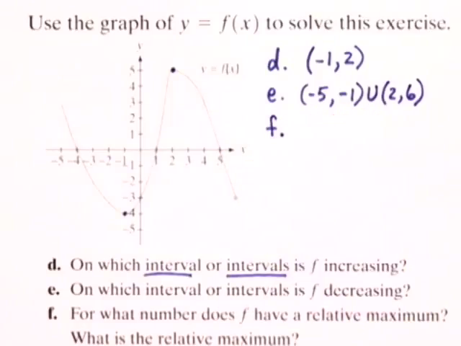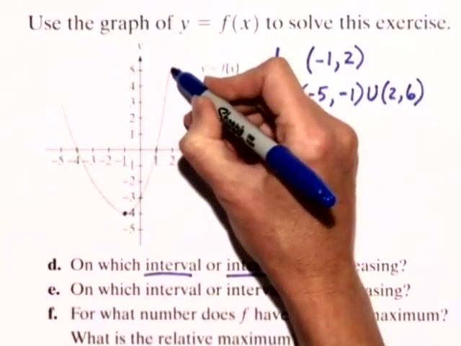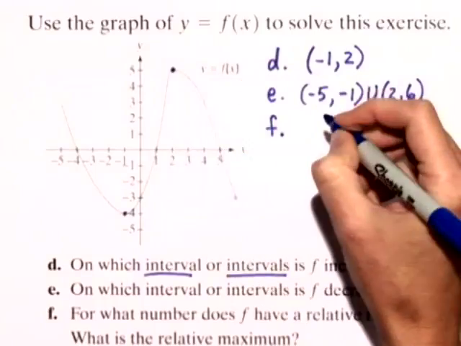So for part F, we want to know for what number does f have a relative maximum and what is the relative maximum. By looking at the graph, the points at which the function changes from increasing or decreasing behavior tell us where the maximum or minimum values are. So a maximum seems to occur right about here when the x value is 2.